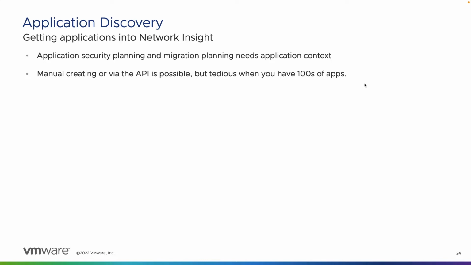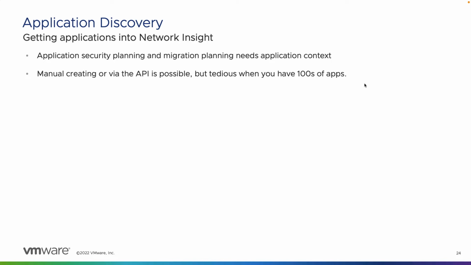Now, when it comes to applications and when it comes to looking at security planning and migration planning, we need to be able to have the application context. It makes it much, much easier to do specific use cases when it comes to troubleshooting, security planning, migration, whether it's from one data center to another or from the on-premises data center to, let's say, a public cloud or hybrid cloud environment.